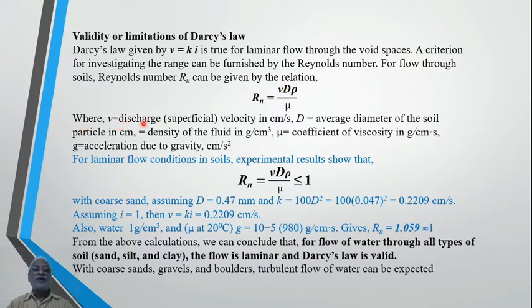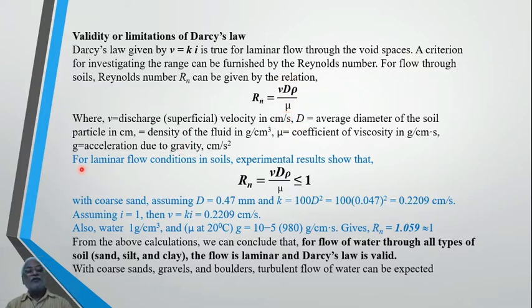V is the discharge or superficial velocity in centimeter per second, d is the average diameter of the soil particles in centimeters, rho is the density of fluid in grams per centimeter cube, and mu, the coefficient of viscosity, is in grams per centimeter second. Everywhere they have used grams, centimeter and seconds, so that everything cancels off and you are left with a plain number.